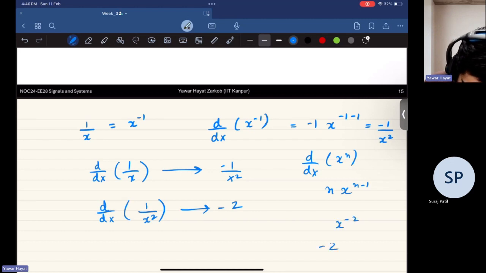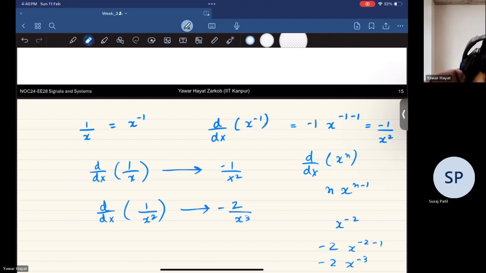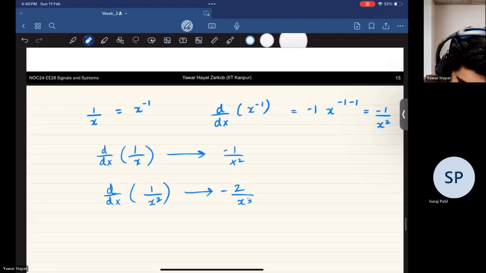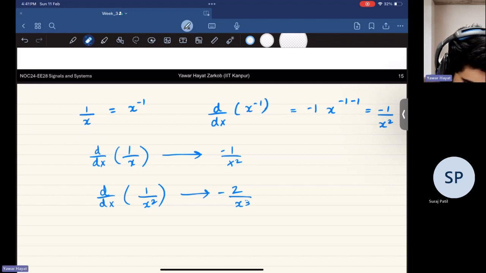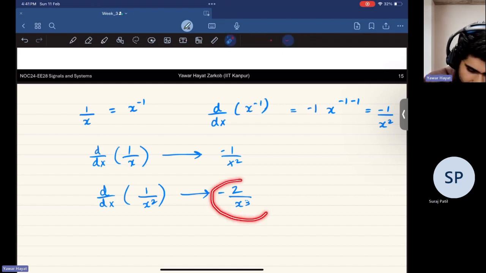So this is minus 2 x raised to the power minus 2 minus 1, that is minus 2 x raised to the power minus 3, that is minus 2 by x cube, right? So taking the derivative 2 times yields this function from this function.